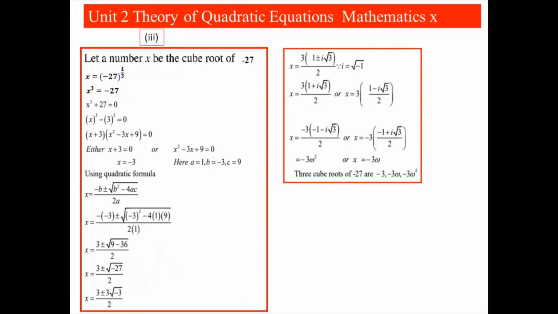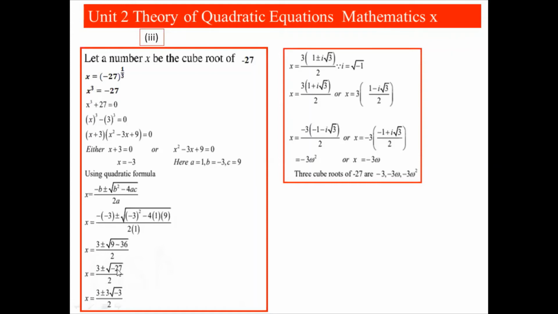27 can be written as 9 multiplied by 3, and 9 can be written as 3 square. So we can take 3 outside the square root. Again x is equal to 3 plus minus square root of minus 27 divided by 2, and this 27 can be written as 9 multiplied by minus 3, that will be equal to minus 27.